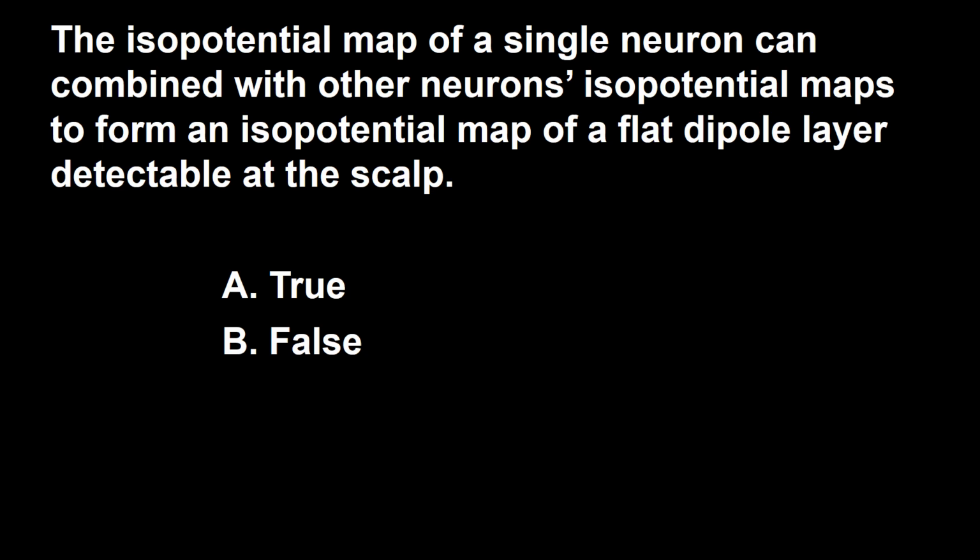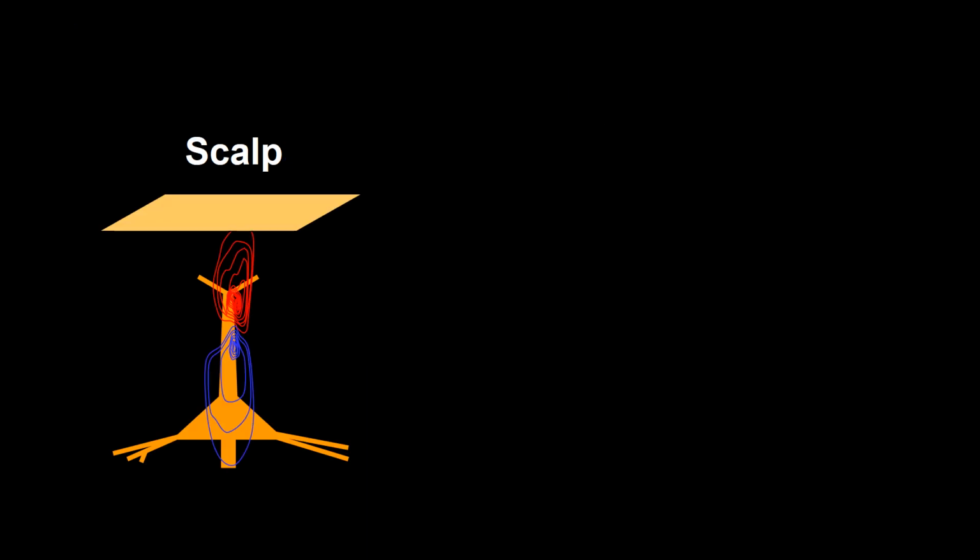Next question. The isopotential map of a single neuron can be combined with other neurons' isopotential maps to form an isopotential map of a flat dipole layer detectable at the scalp. A true, B false. Each activated neuron will create a dipole. A dipole will create current lines.